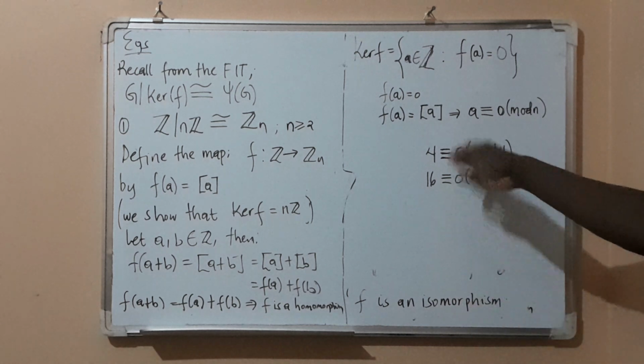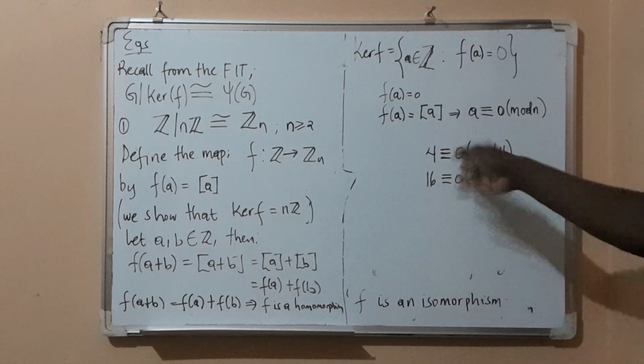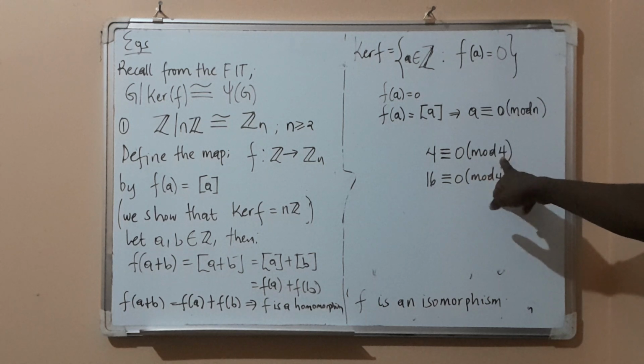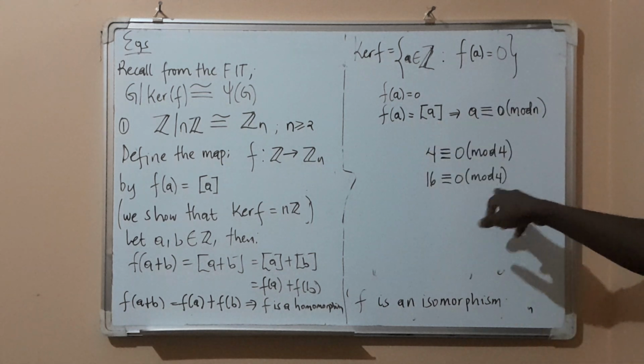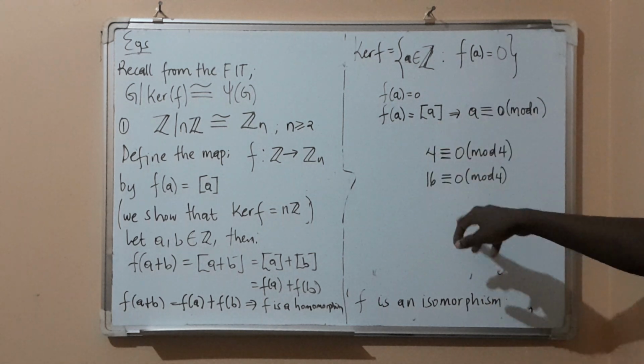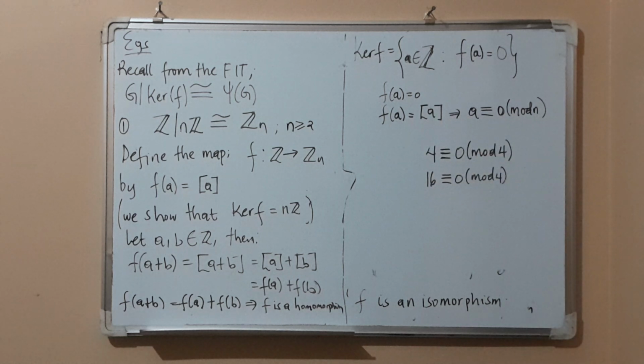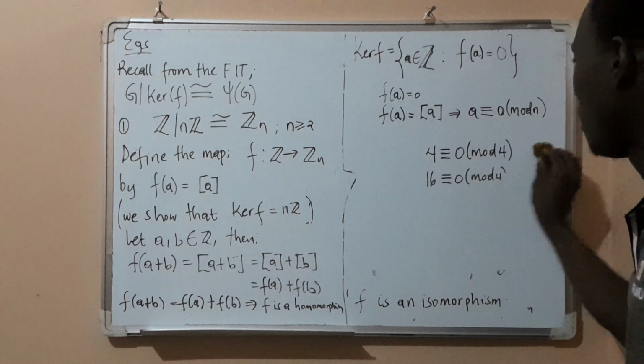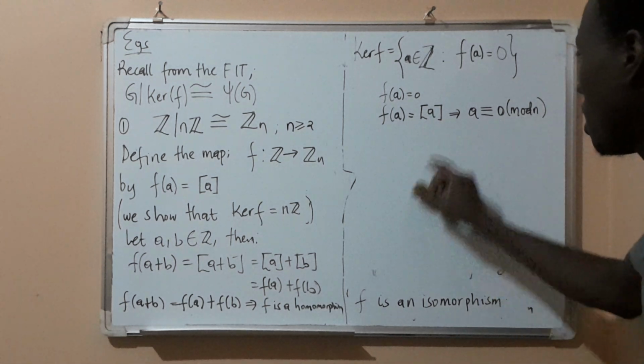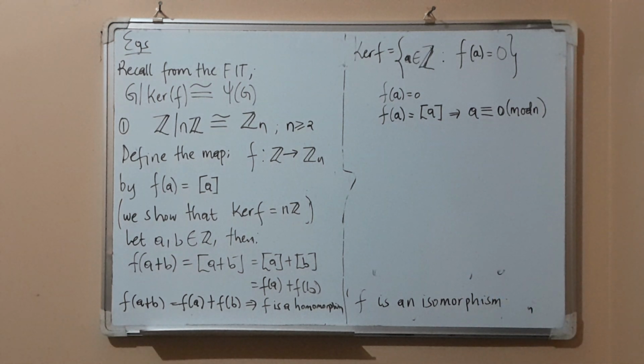So here 4 divides 4 and the remainder is 0. 4 divides 16 and the remainder is 0. So you are within the equivalence class of 0 if the remainder is 0 when n divides you. By definition, that is the interpretation of that.